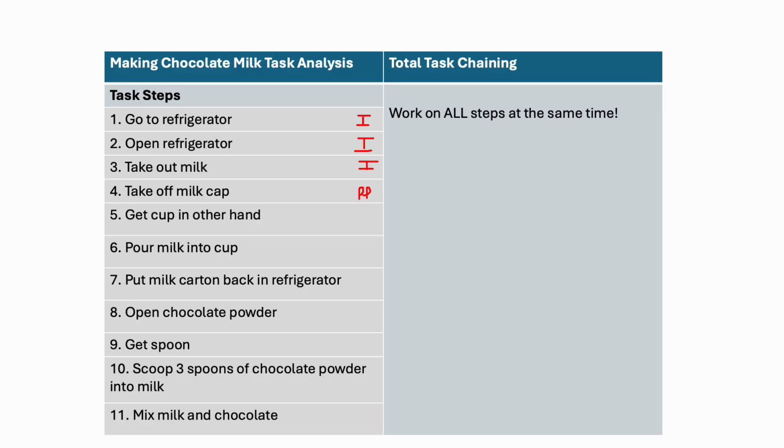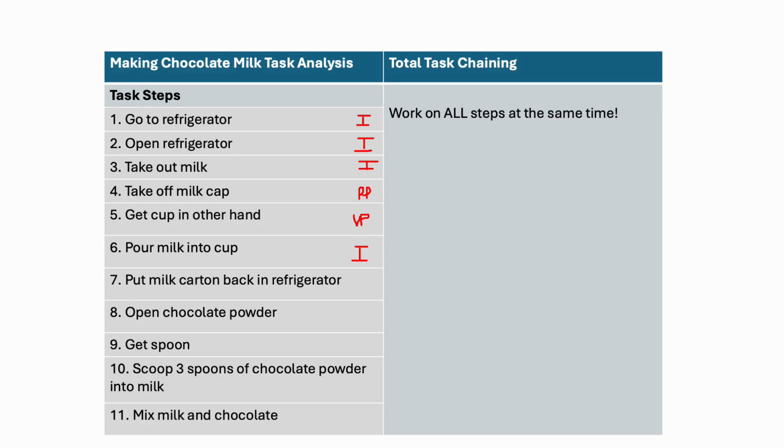Maybe they needed a partial physical prompt for step 4. Maybe they needed a vocal prompt. I'll use VP. These are just different abbreviations that you can use to denote the specific prompt types. Okay, maybe I needed a vocal prompt for step 5. Maybe pouring milk was independent. Okay, so I'm going to collect data every single time that I have this person engage in this skill.